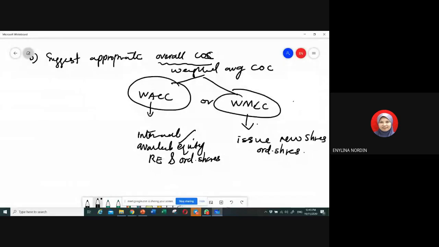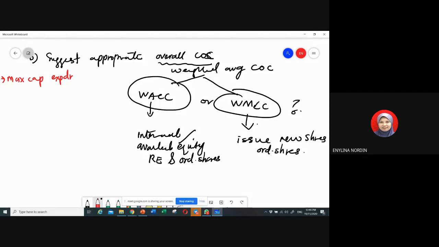So here, we need to determine first the maximum capital expenditure. Firstly, we need to determine the maximum capital expenditure. This is referring to the common equity. Now how much retained earnings is available for the reinvestment?